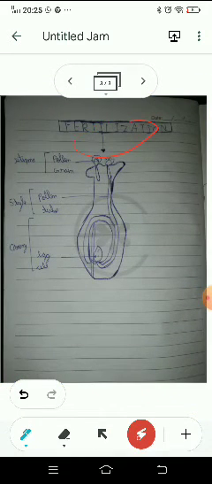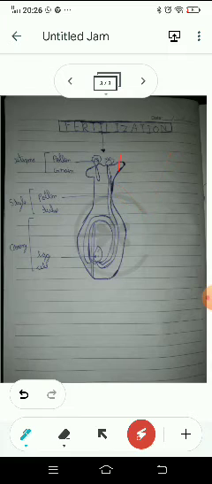Fertilization. What happens in fertilization is that the pollen grains, when they reach the stigma, swell and begin to grow into a pollen tube that travels down through the style to reach an ovule inside the ovary. The pollen tube has two male nuclei.